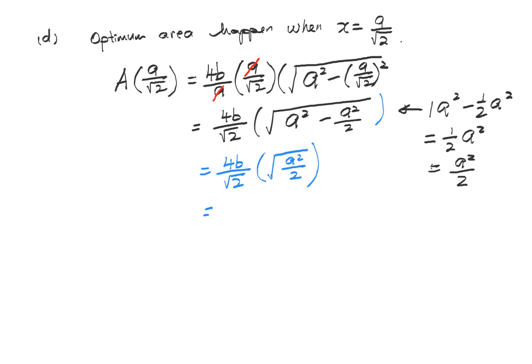So this will be read as 4b over root 2 times the square root of a squared over root 2. So I end up with 4ba over root 2 times root 2, which is 2.